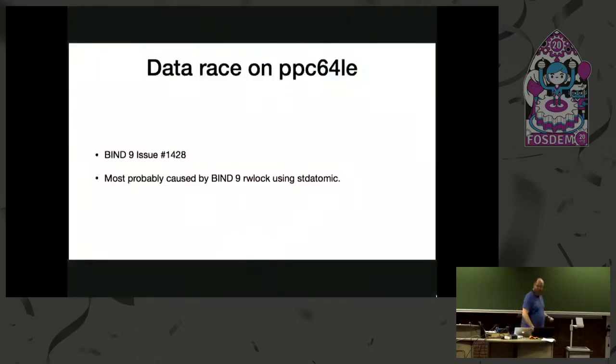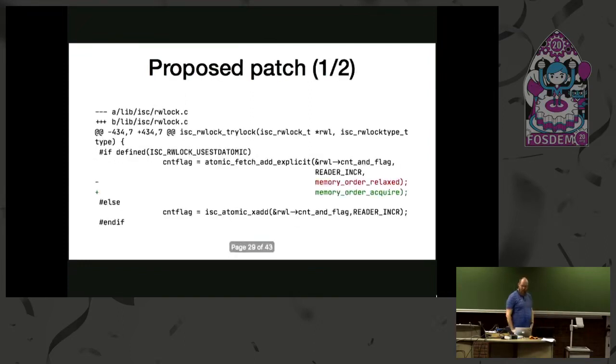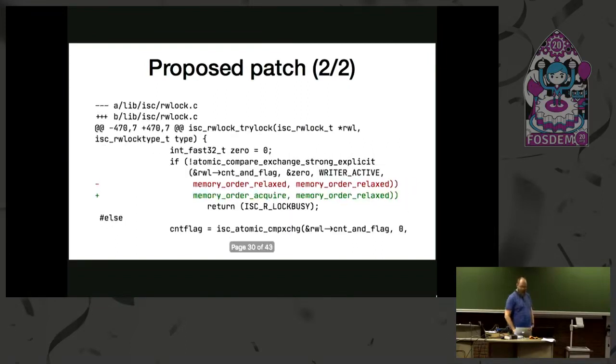Another example. There's a data race on the PowerPC 64 reported by Red Hat, because they do have some interesting hardware. It's caused by our own RW lock. The proposed patch changes the memory ordering from relaxed, which doesn't cause any synchronization, to acquire, and the compare exchange operation, again, to acquire.